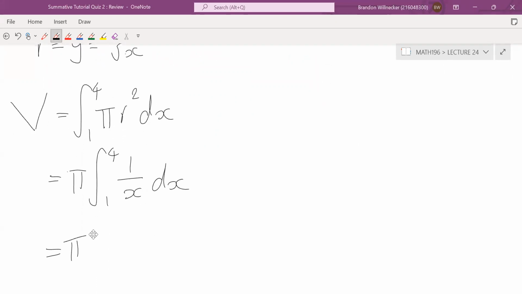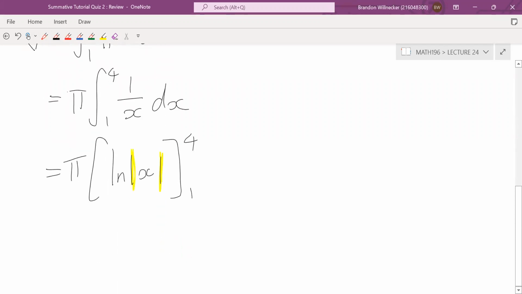Now the integral of 1 over x is the natural log of x. Remember your absolute values. These are important. We can't put negative x inside the natural log, so we have to put the absolute values. This goes from 1 to 4.